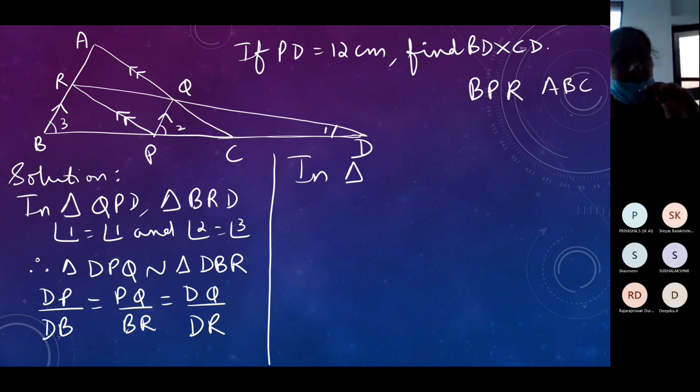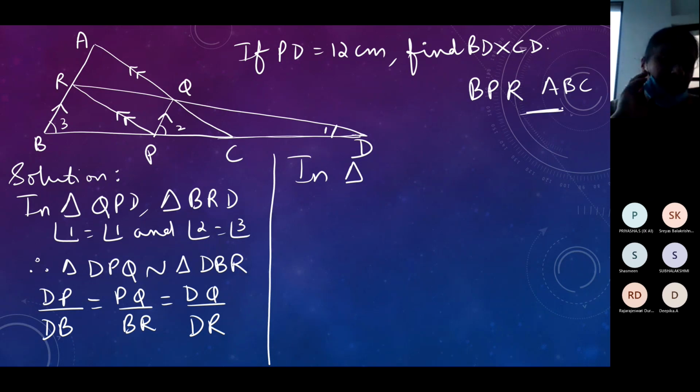Including the parallel lines, the line segments will be equal, so you will have equal ratios. Keep that in mind and select. Okay, this is one. I won't say this is wrong.